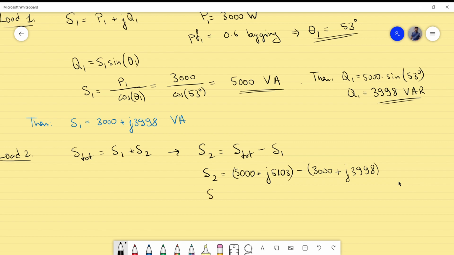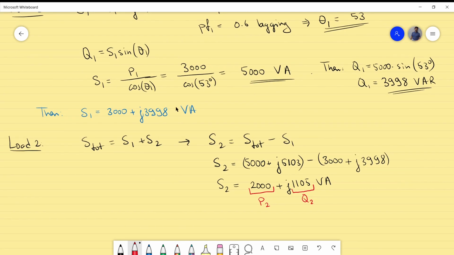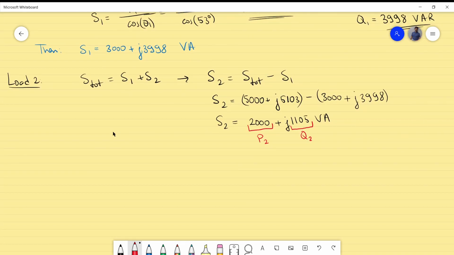So S2 is equal to 2000 plus j1105, in volt amperes. This is of course P2, the real part, and this is Q2, the imaginary or reactive power. Again, I can draw a power diagram specifically for load 2.